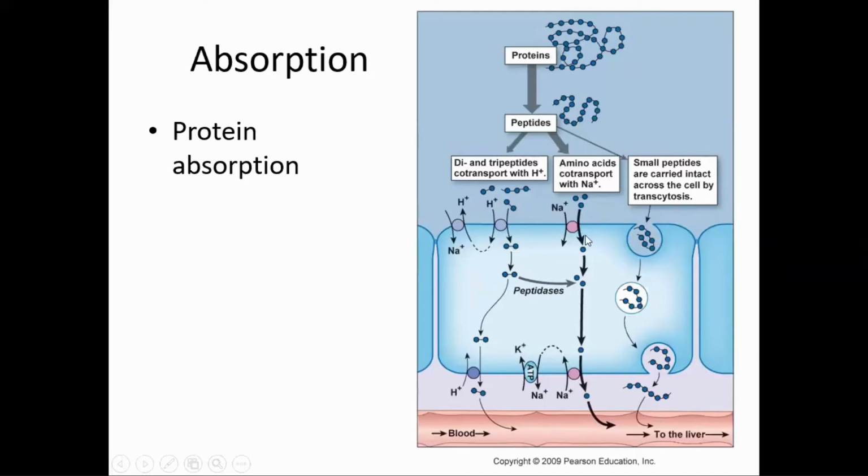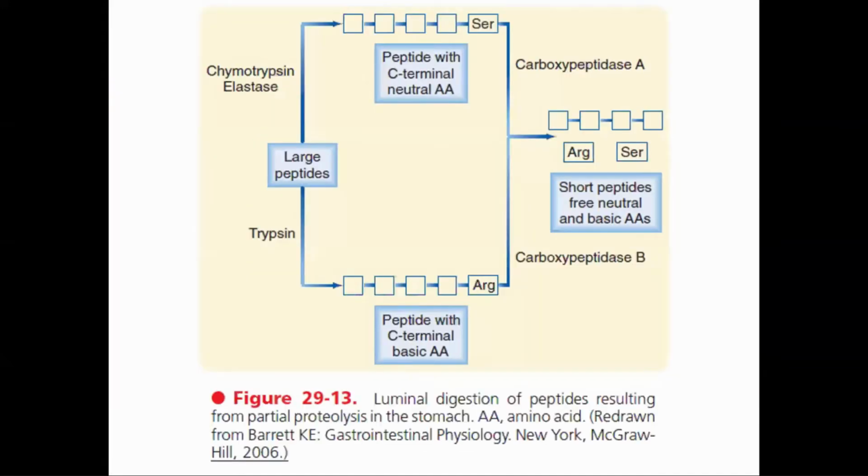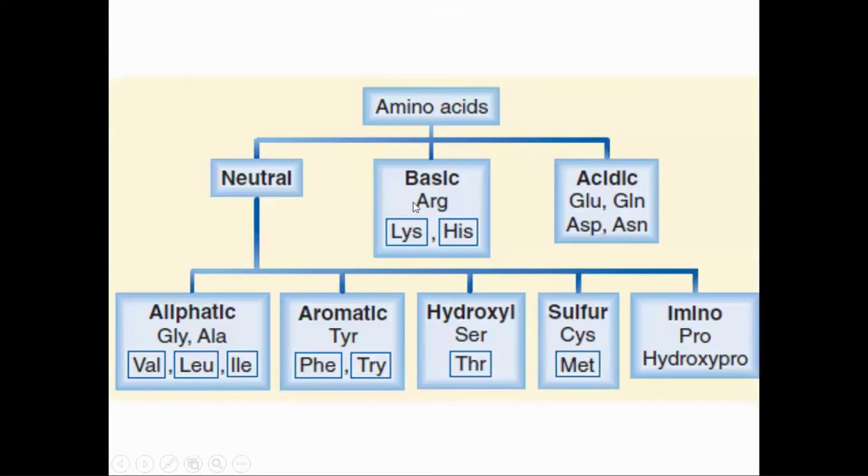For the working of this sodium amino acid co-transport, there must be primary active transport working on the basolateral side. So these are the different types of amino acids: neutral, basic, and acidic amino acids.